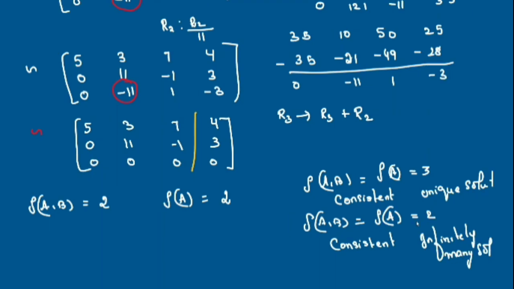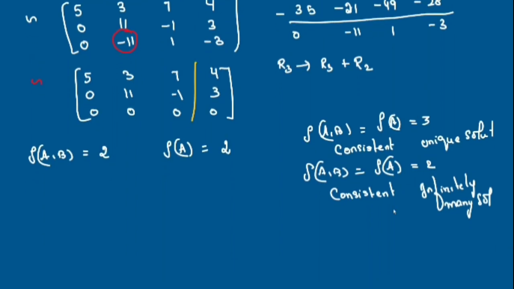When rank of AB is equal to rank of A is equal to 2, then we say it is consistent, infinitely many solutions. When rank of AB is not equal to rank of A, then we say no solutions.